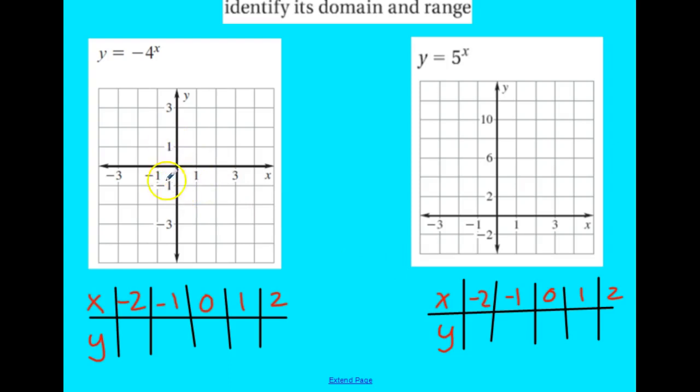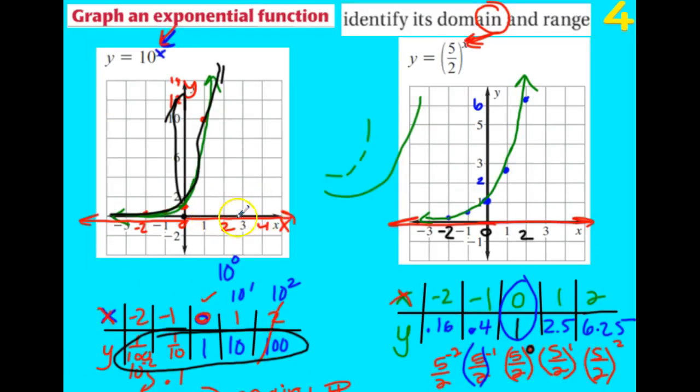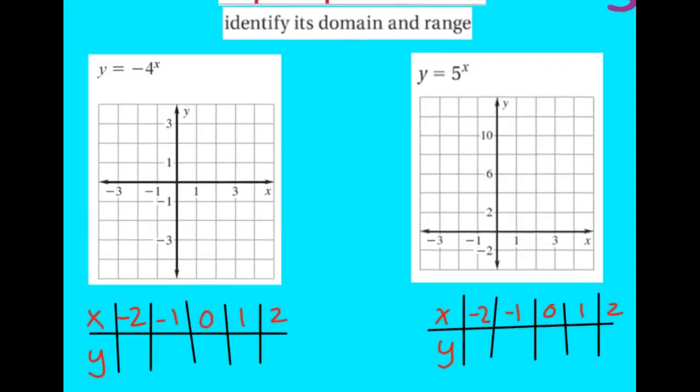We could have plugged in other numbers, but it's nice to fit in the middle of our graph. Because as you can tell in the last ones, if we plugged in numbers way over here, well, that's not even going to be on our graph, so it's not even worth it to plug those big numbers in.